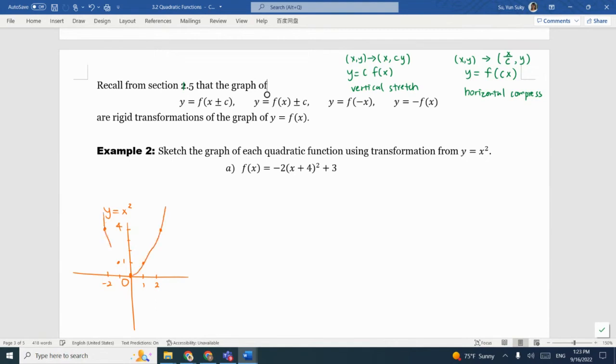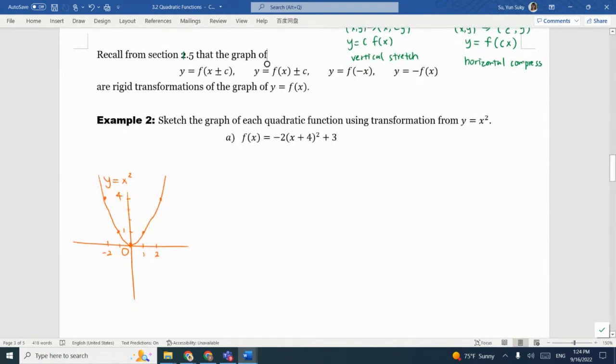So this is the parabola. So far, so good, everybody? Okay, keep going. Let me draw it better.